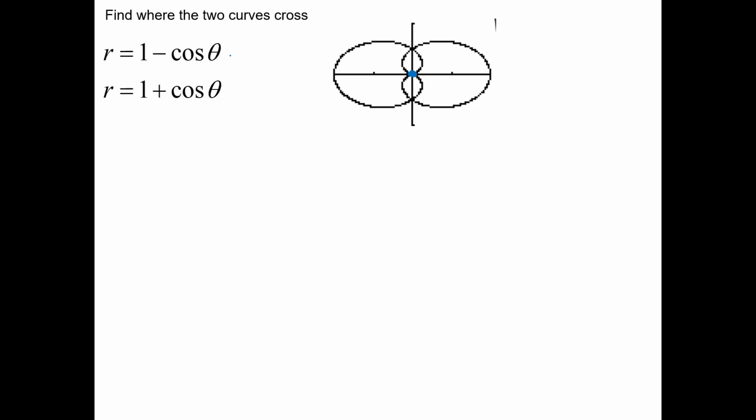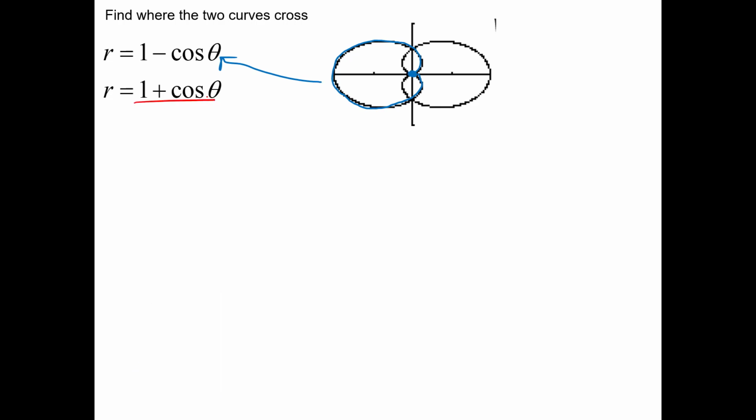So for this one, r equals 1 minus the cosine of theta. When theta is 0, you're at the pole. And then when theta is pi over 2, you're here. So this one right here is this one right here.